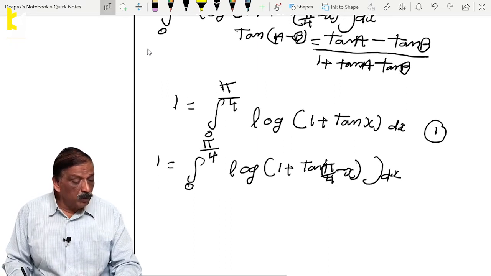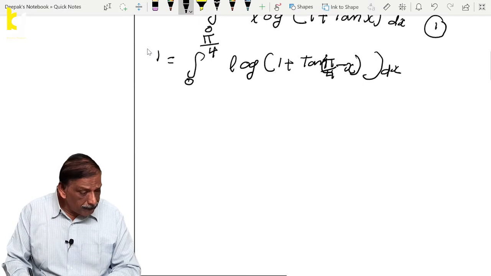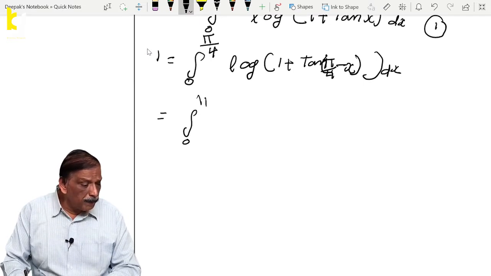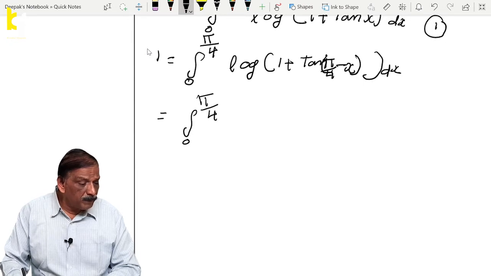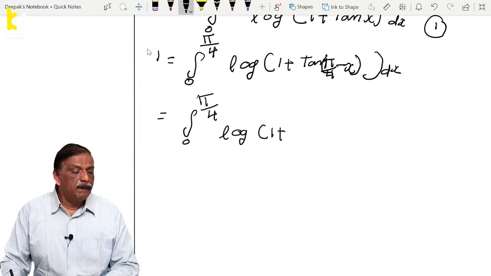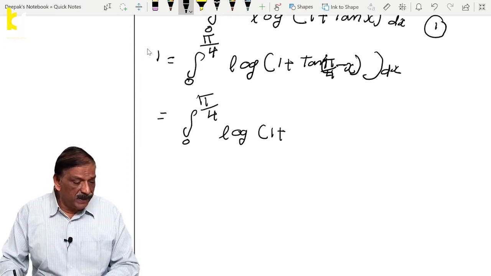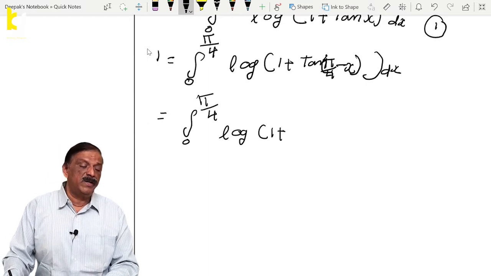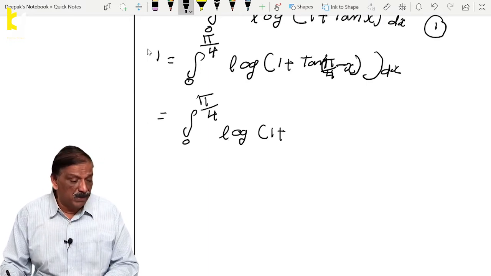That is equal to integral 0 to pi by 4 log 1 plus tan pi by 4 minus x. Tan a minus b will be equal to tan a minus tan b divided by 1 plus tan a tan b.